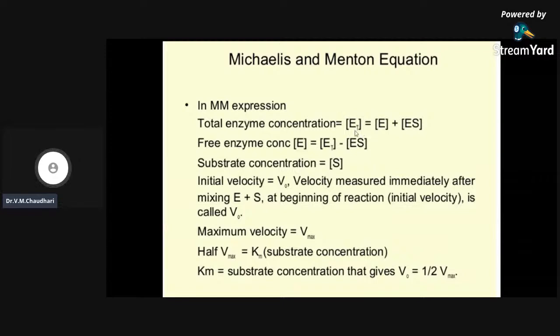It indicates the concentration. [ET] is the concentration of total enzyme. Now what is the concentration of total enzyme? Concentration of total enzyme is equal to free enzyme plus enzyme bound with the substrate, that is the enzyme substrate complex. So total enzyme concentration is denoted by the square bracket.